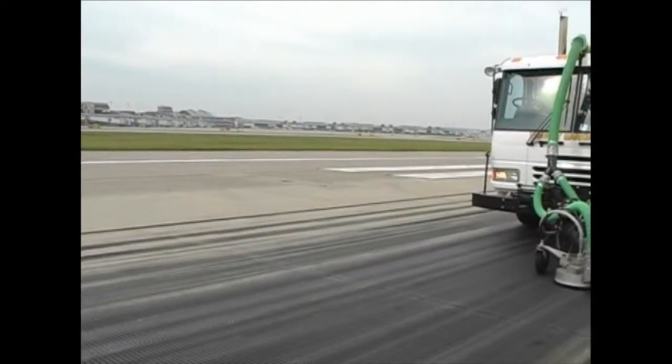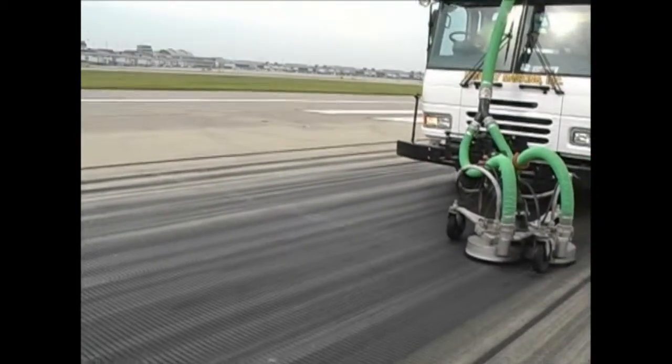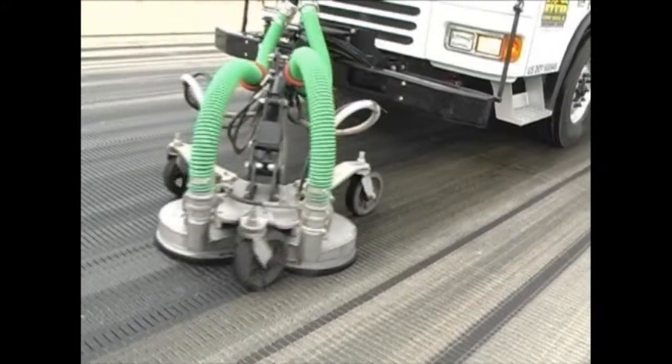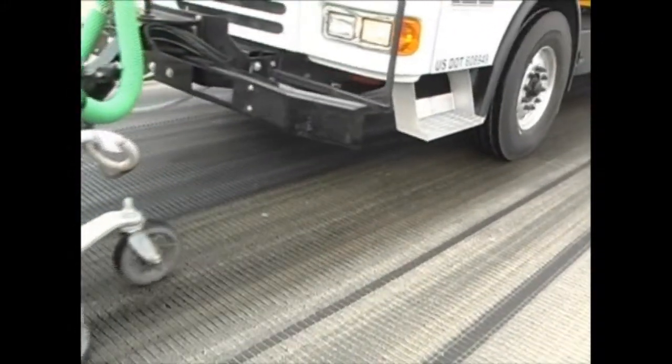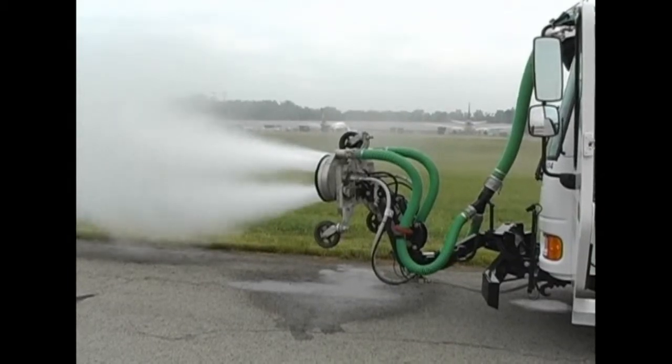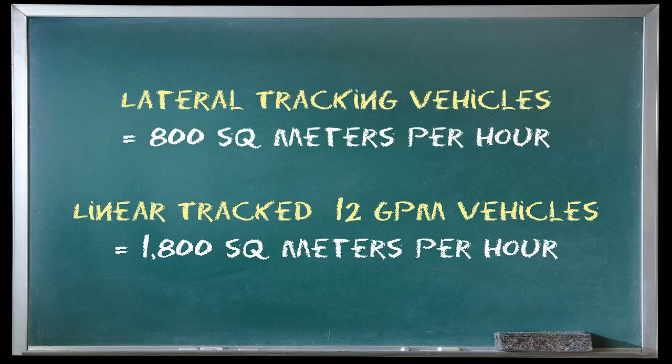You also notice that instead of one 10-inch wide head, we're able to have 2 21-inch wide heads and power those heads effectively because we have so much water moving through the nozzles per minute. This is a very important fact. Lateral track machines advertise 800 square meters per hour.